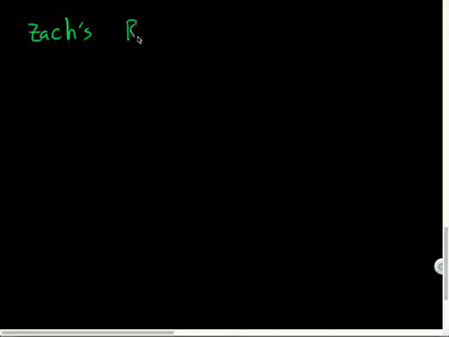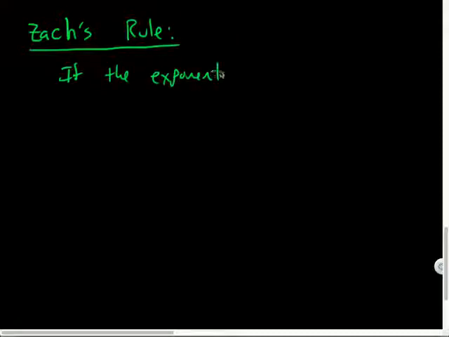But anyways, Zach's rule was this: if the exponent in an absolute value is even, drop the absolute value.